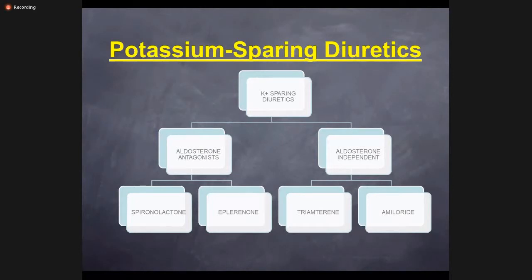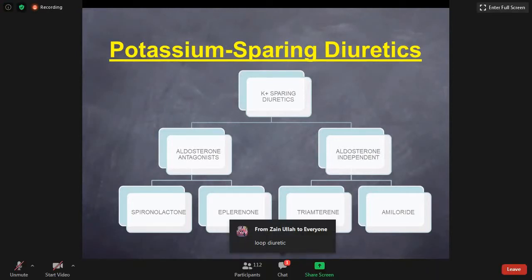Loop, okay, loses calcium, that means loop diuretic. Very good. Loop diuretic enhances the excretion of calcium, whereas thiazide diuretic enhances the reabsorption of calcium, right?